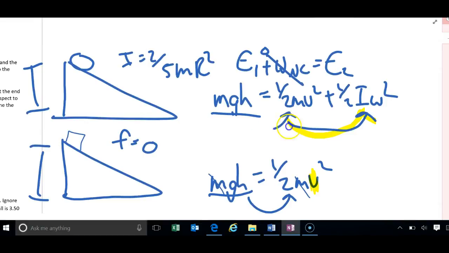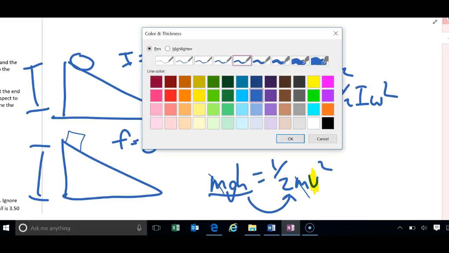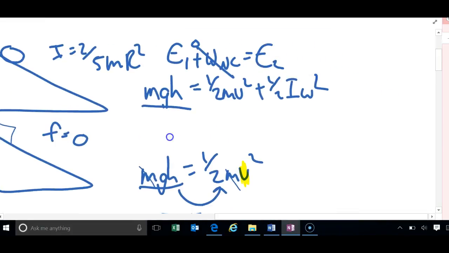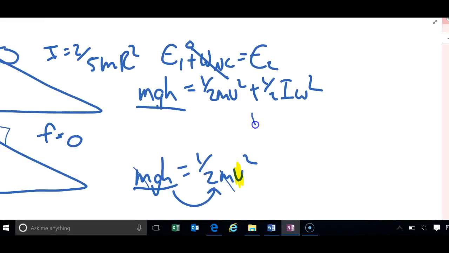Let me clean this up just a little bit. So the issue we've seen is we've got to get everything either all linear or all rotational. We're looking for velocities, so we'll compare. So it's going to be 1/2 times 2/5 mr squared.